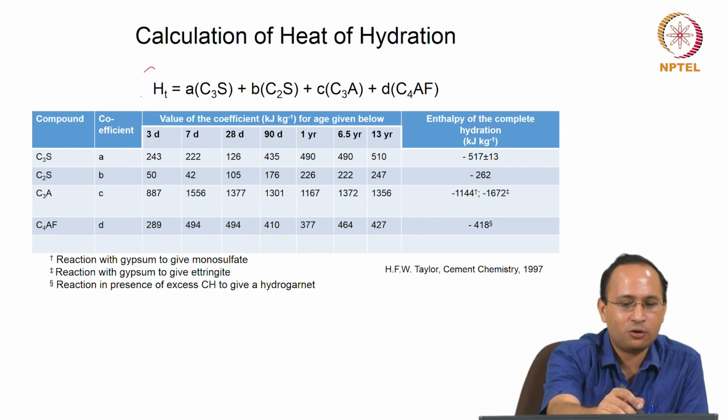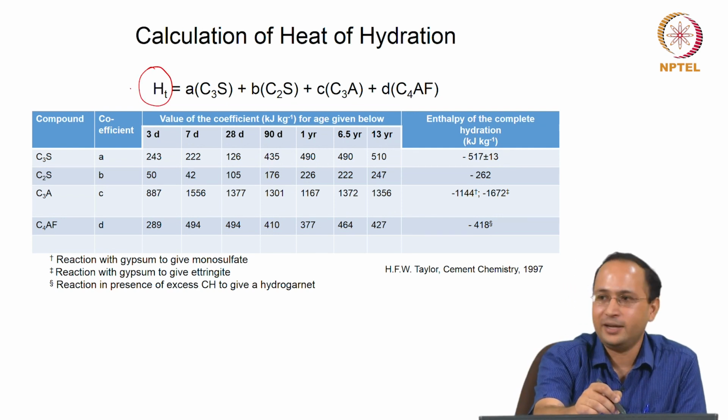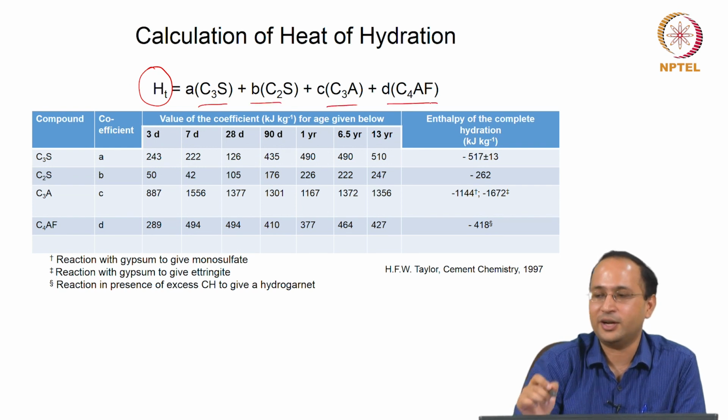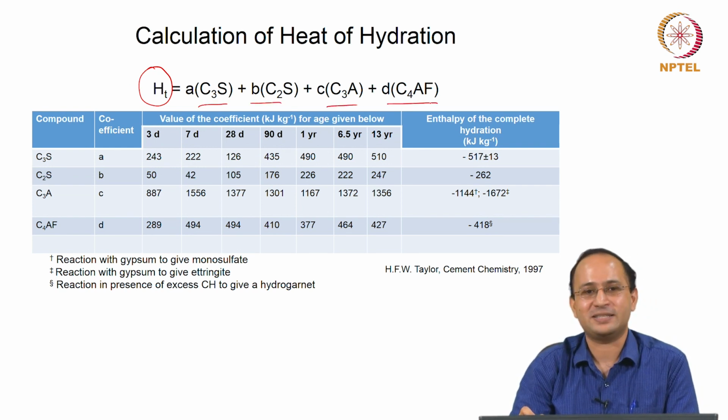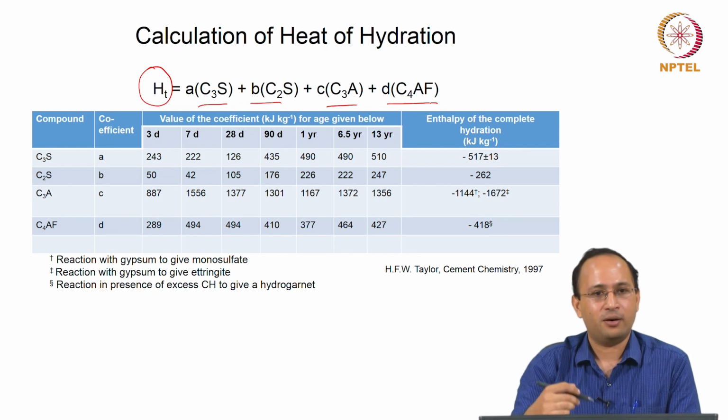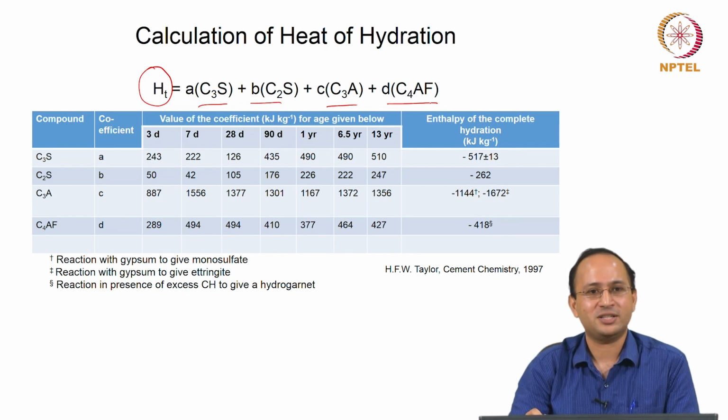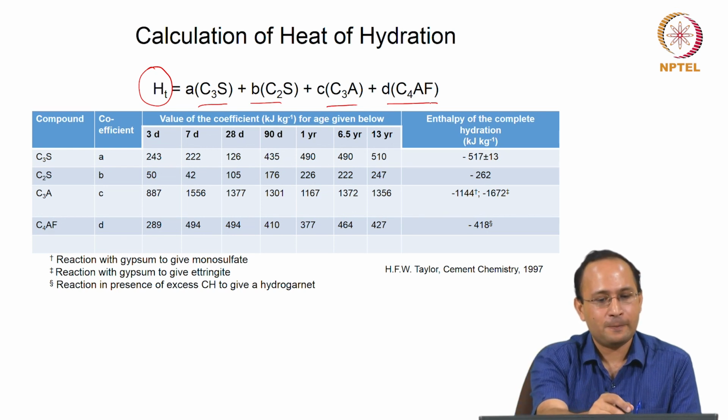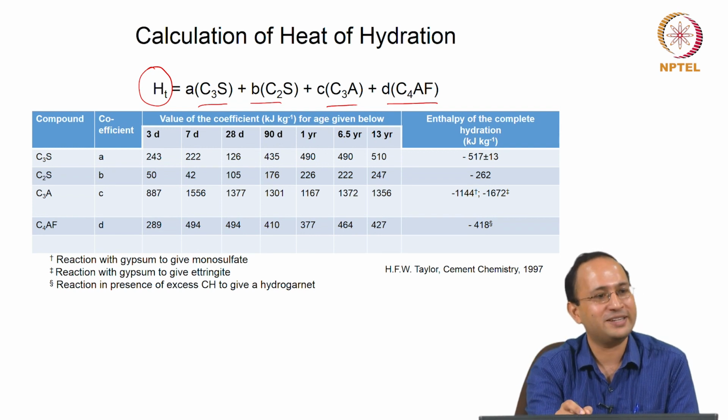The total heat of hydration, right, can be written as a summation of the contribution of individual phases. So through Bogue formulation you can find out how much C3S, C2S, C3A, C4AF you have in your cement, right. And now in this table you see that the value of coefficients is given, right.